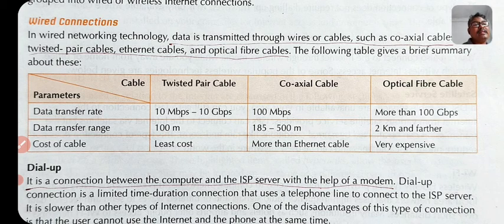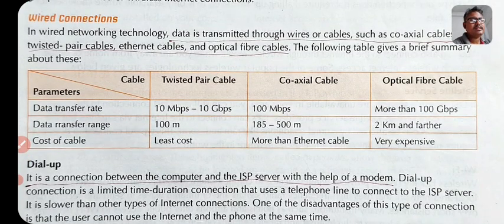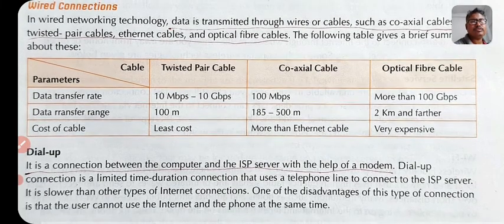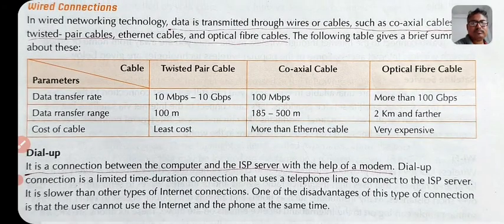Then optical fiber cable: data transfer rate is more than 100 Gbps, data transfer range is 2 kilometers and farther, and very expensive. These are mainly used by the service providers, mobile companies, or the telephone exchanges. And for the user, mostly twisted pair cable is used.